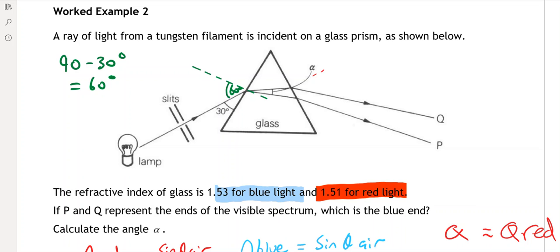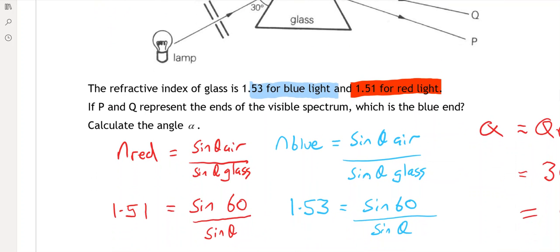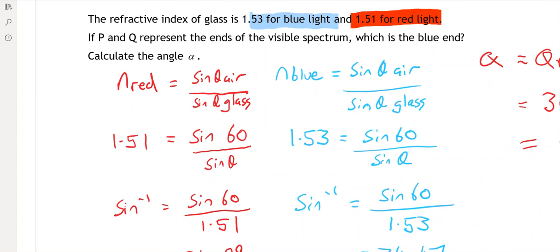Some of it is refracted to give us Q, and some of it is refracted to give us P. We're trying to find the angle between Q and P. So our formula, n2 over n1 equals sine theta 1 over sine theta 2. In this case, we're looking at the refractive index of red is equal to the sine of the angle in air divided by the sine of the angle in glass.